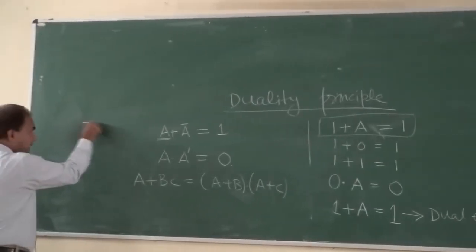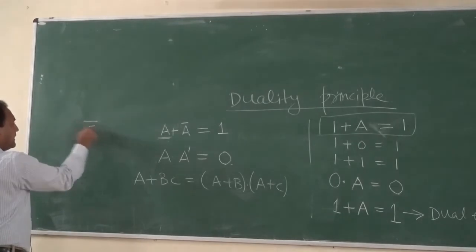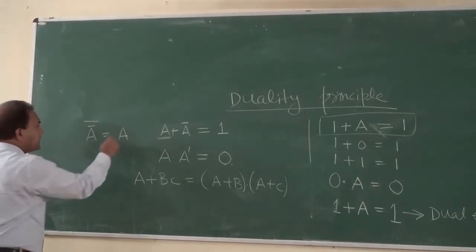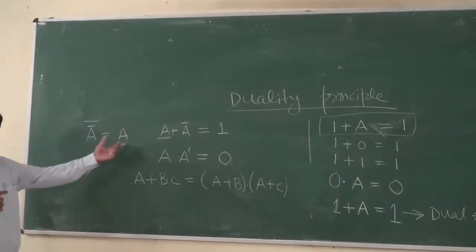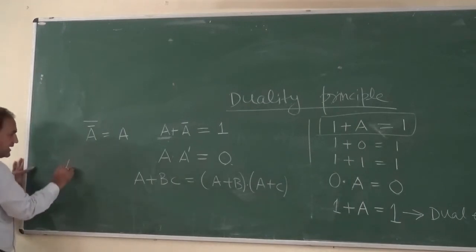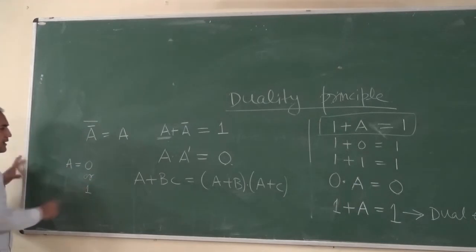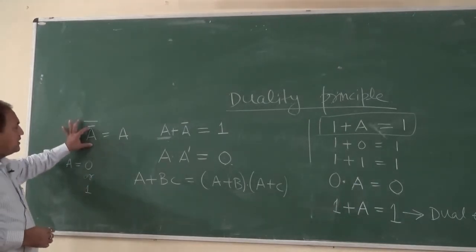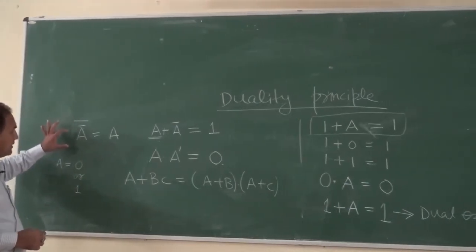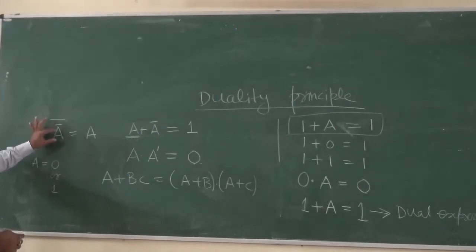A complement, then again complement, is equal to the same variable. Suppose A may be 0 or it may be 1. If A is 0, its complement is 1, then the complement of 1 is 0.